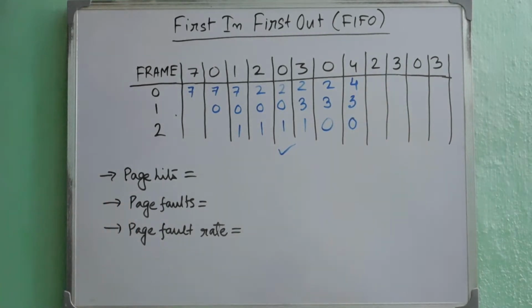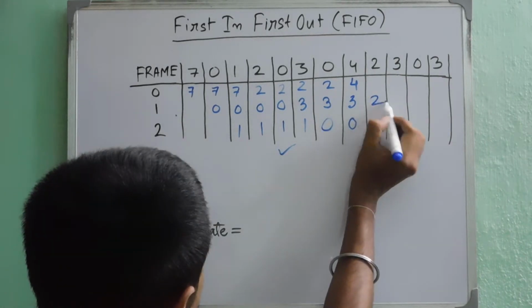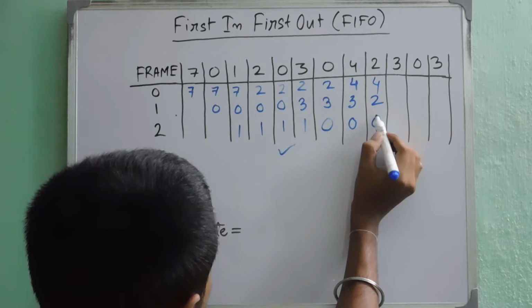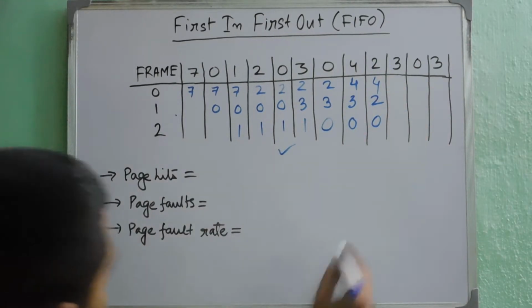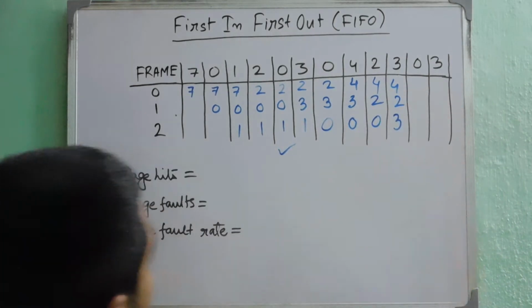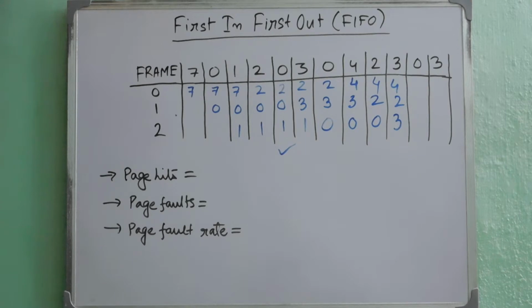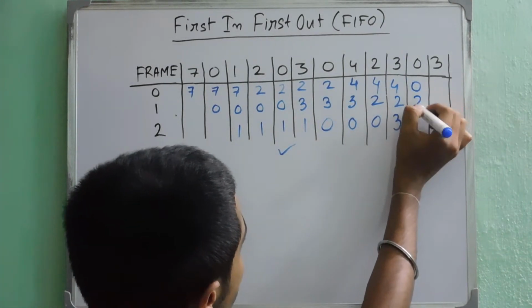Then we have 2. So 3 is there for the longest time, so we will replace this one. Then 0 is there for the longest time, so we will replace 0. Then we have 0. Now 4 is there for the longest time, so we will replace 4.